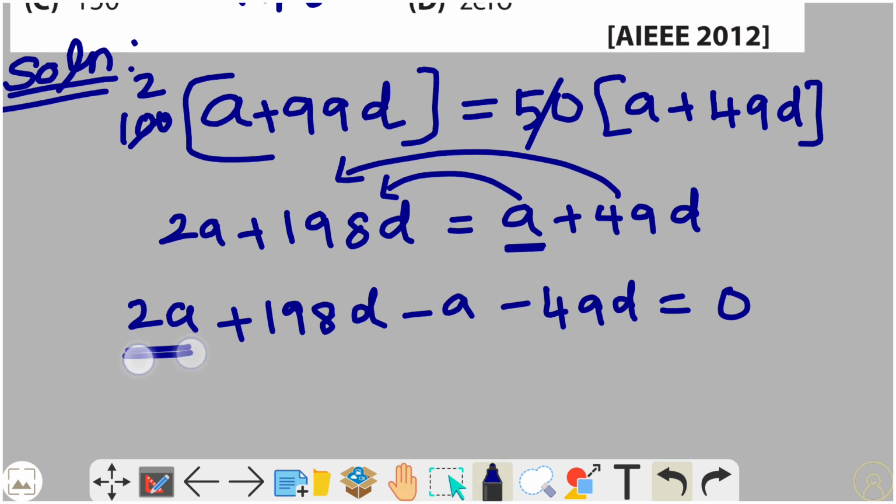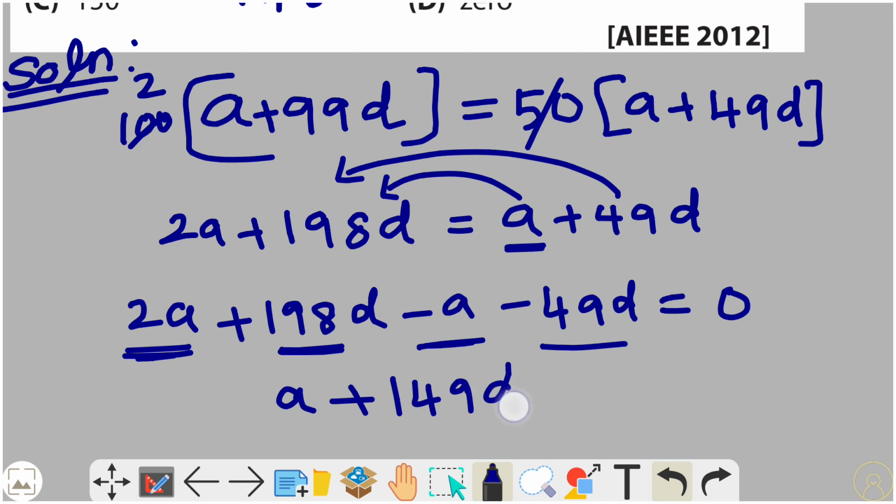Here we have 2A and minus A, so A, and then 198 minus 49, which gives 149D, equal to 0. So what is this?